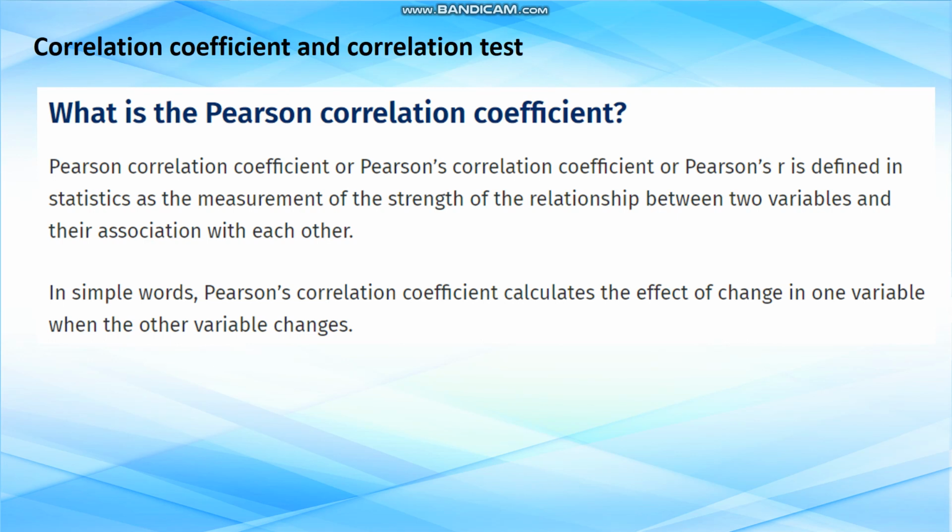R is defined in statistics as the measurement of the strength of the relationship between two variables and their association with each other. In simple words, Pearson correlation coefficient calculates the effect of change in one variable when the other variable changes.